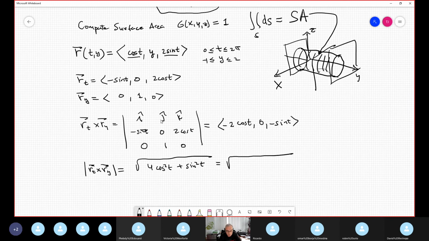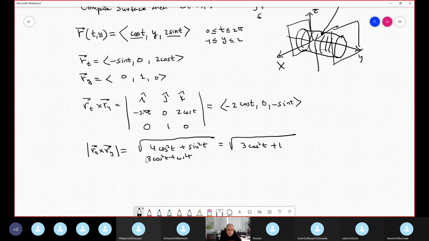Because I break it down, this 4 into 1 and 3. So 3 cosine squared T plus cosine squared T. This is more elegant. And you know that cosine squared T plus sine squared T is 1. This is my final answer. My partial answer is the square root of 3 cosine squared T plus 1.